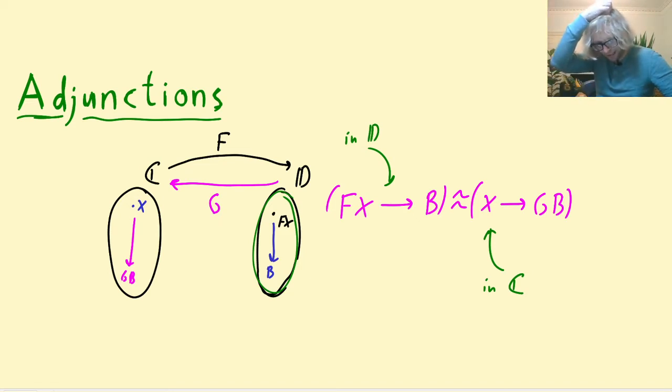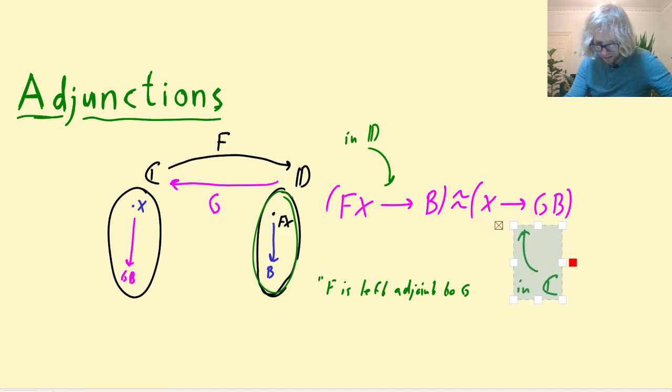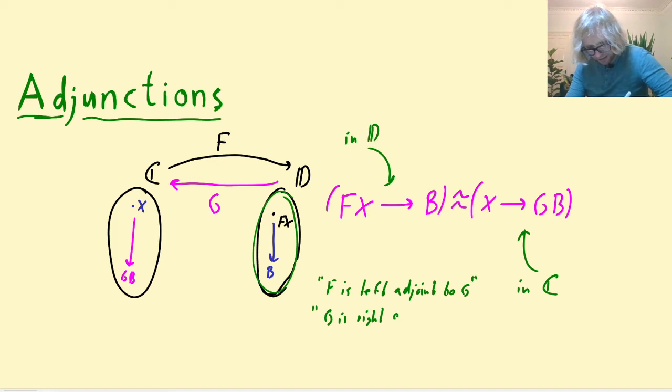So this is called having an adjunction. I'm saying that F is left adjoint to G, or that G is the right adjoint to F, right?